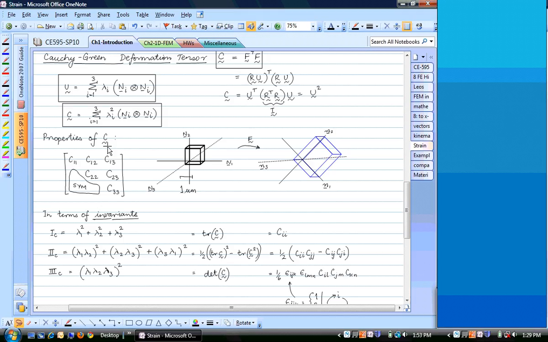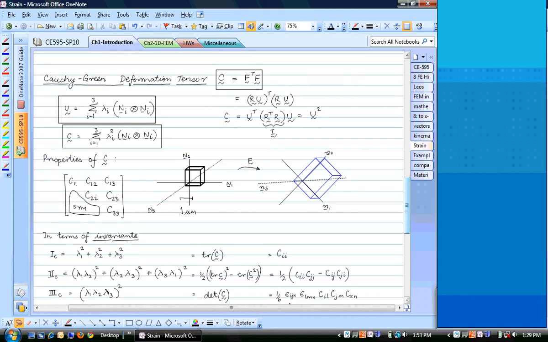Right. So what an invariant means is, I was telling you last time that a tensor can be represented with a matrix if you choose a certain coordinate system. Now if I choose a different coordinate system, the components of my tensor are going to change. But there are some quantities of a tensor that do not change no matter which components you choose.